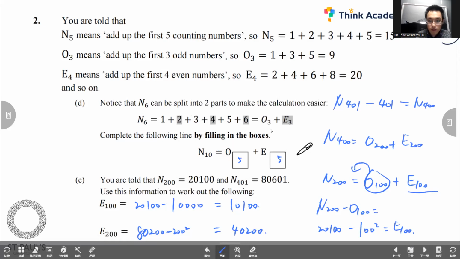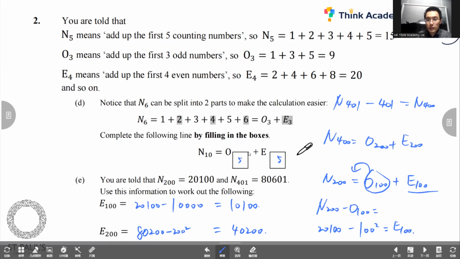Right, I just need to get my pen working again. So E100 is obtained from over here. You see, N200 can be split into O100 plus E100. The question is asking for E100, and then E100 must be N200 minus O100. These two are known or can easily be obtained.